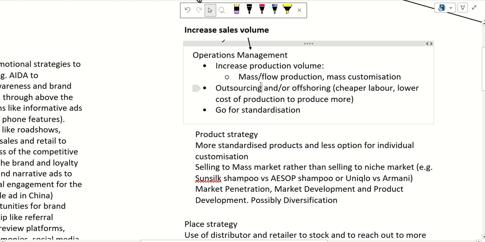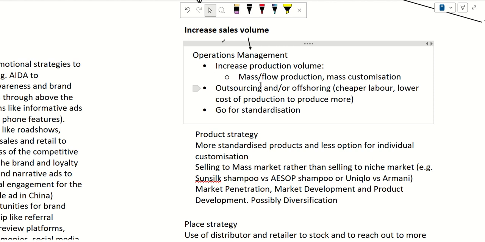Okay, outsource basically means that I do not want to do manufacturing. I outsource this manufacturing to somebody else to do it. But when I outsource, the person could be doing it in the same country that I'm operating in. Let's say my country I'm operating in is Singapore. I outsource to somebody in Singapore to manufacture this. Then over time I realized somebody in Indonesia can do this for half the cost.